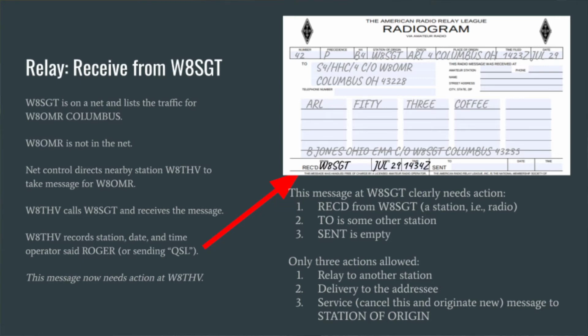The receiving station will record in the bottom left the call sign of the station that transmitted the message to them. Once the receiving station has all of the parts of the message and sends Roger or QSL, the receiving station will record in the bottom left corner the received box, the date and time along with the call sign of the sending station.